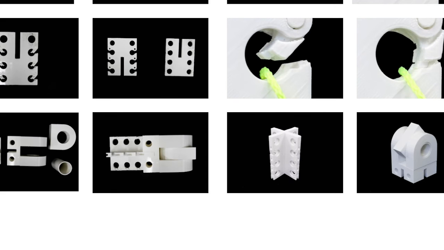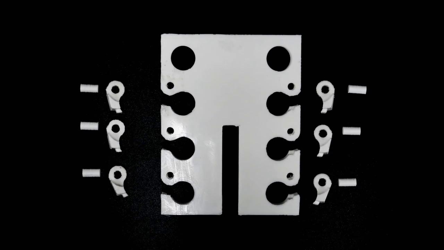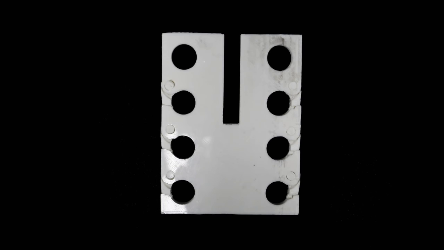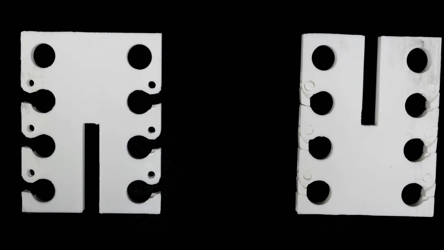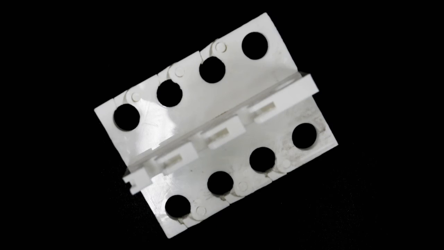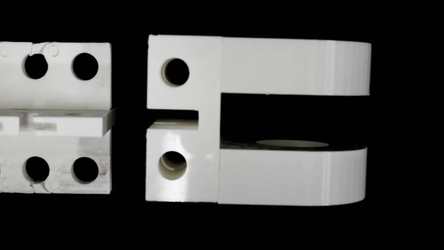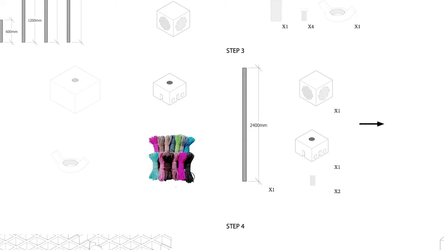Next is a short video to show the installation process of the system. This part is the manual for this design. There are a total of 15 parts that make up the entire system.